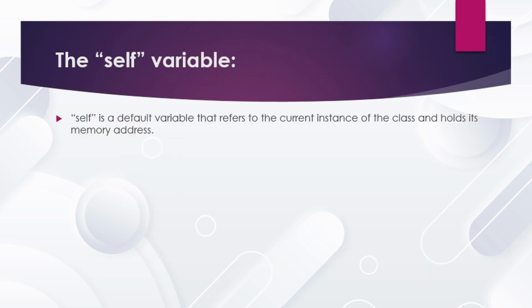Self is a default variable that refers to the current instance of the class and holds its memory address. When an object of the class is created, the object's reference is automatically passed to self within class methods. This allows access to the instance attributes and methods from within the class.